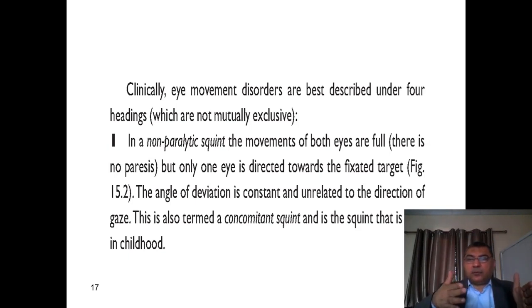So if you ask him to move the eyes, all the extraocular muscles are functioning in the 6 positions which we described in the first ocular motility test.